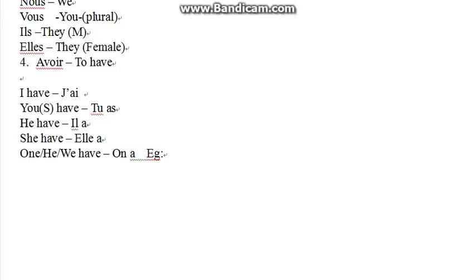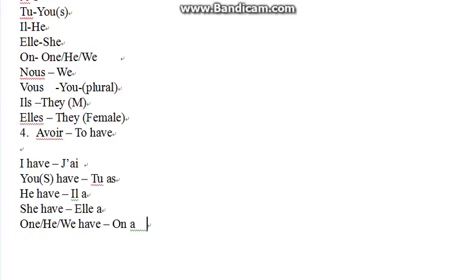So, on a, let's use on a une trousse again. That means we have a pencil case, or one has a pencil case. I hope I've explained it right. When I was learning French, it took me a while to understand what one means, but you soon get it.